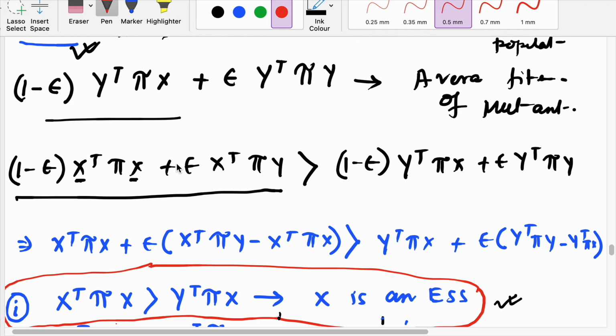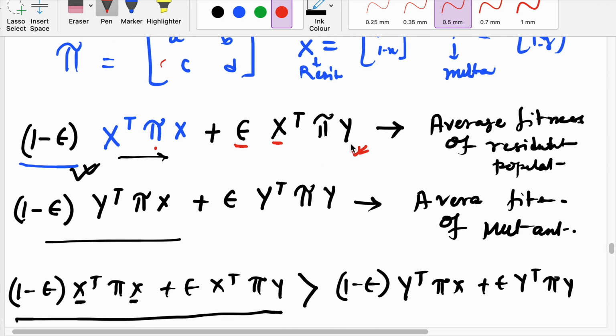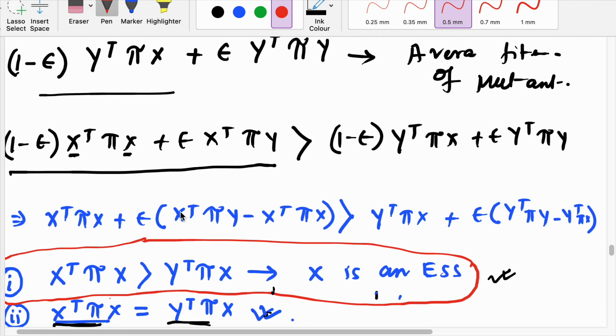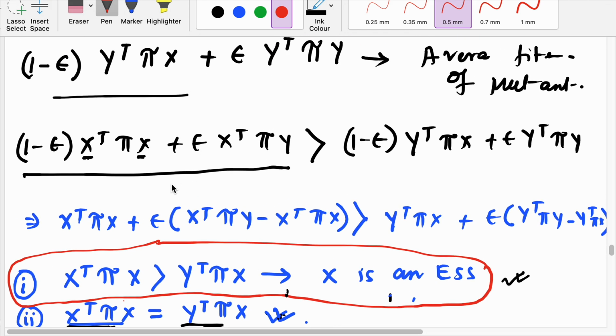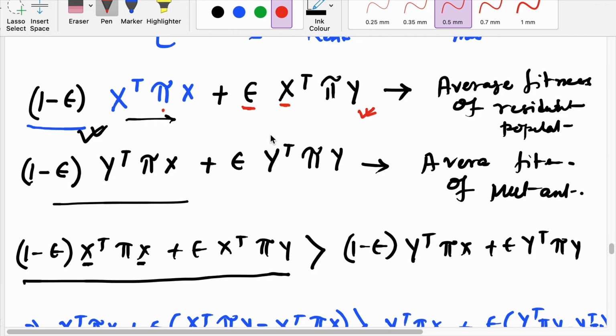If we apply that logic, we need to prove that this mutant cannot invade the population. The selection should select the resident individuals rather than the mutant individual who is using a y strategy.